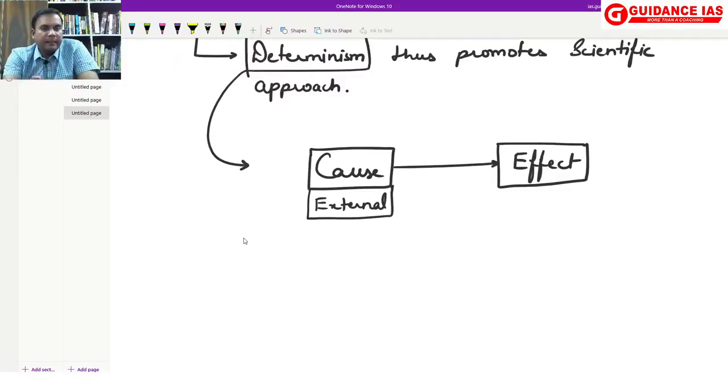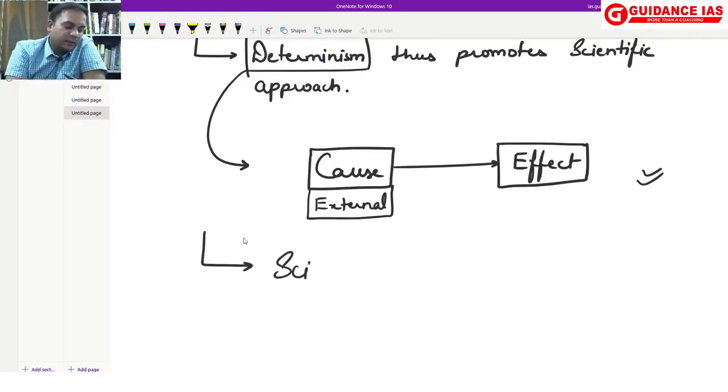Okay. Now, I hope you have got the essence of determinism. This is the final essence of determinism. So tell me, after Renaissance, how would determinism have developed? Can I say we can also call it essentially that determinism would always be scientific? Yes or no?